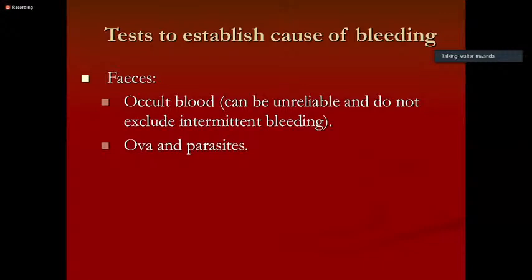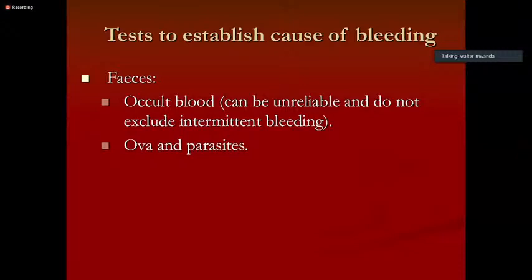Of course, the clinical picture of the patient can lead us into the direction of how to investigate. Common things occur more commonly. So we start with stool for occult blood, stool for examination of ova and cysts or parasites.